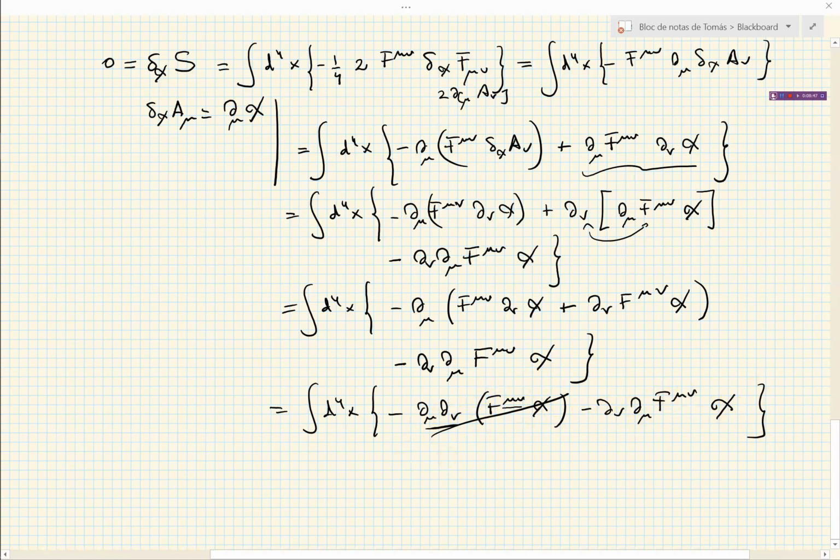suppose that it wasn't. The point is that gauge symmetry, the fact that this is 0, forces you to have this equal to 0.